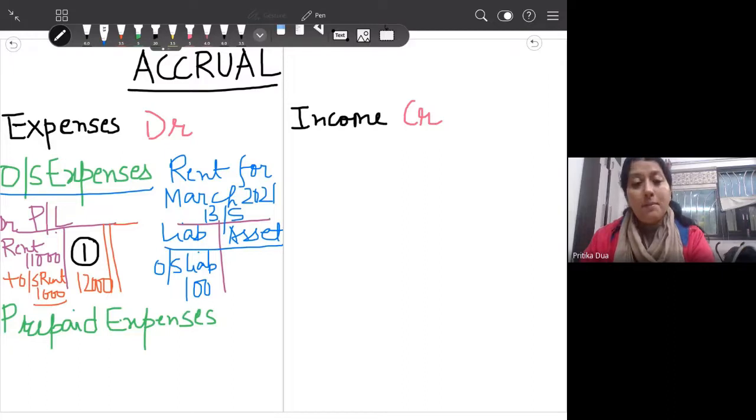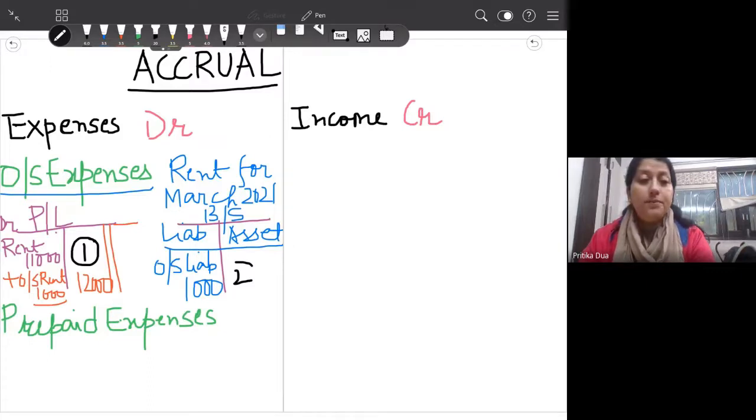So in my balance sheet, this will appear as a liability, outstanding liability of rupees 1,000, and this becomes the second impact of this adjustment.